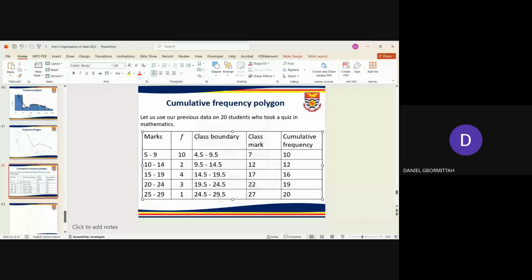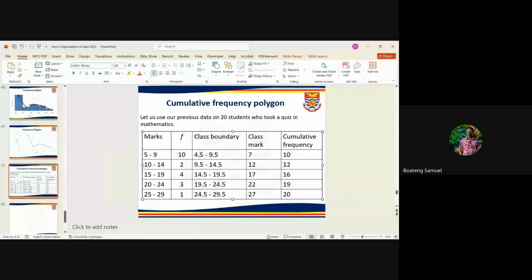If you are drawing a cumulative frequency polygon, or ogive, that is what we are talking about here.